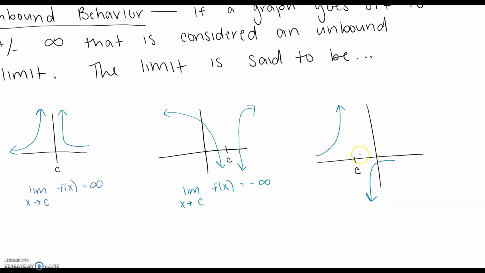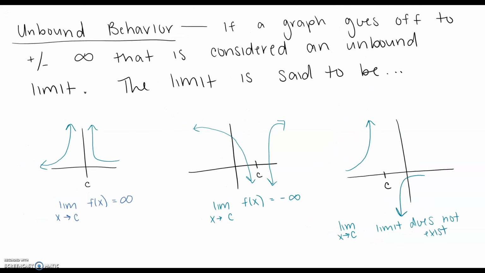In this case, the limit does not exist for the limit as x approaches c. But from the left, it's going towards positive infinity, and from the right, it's going towards negative infinity. So you can still have left and right hand limits. So hopefully that makes sense.